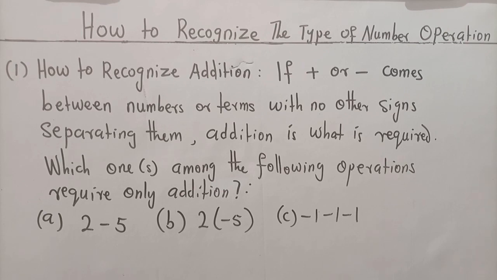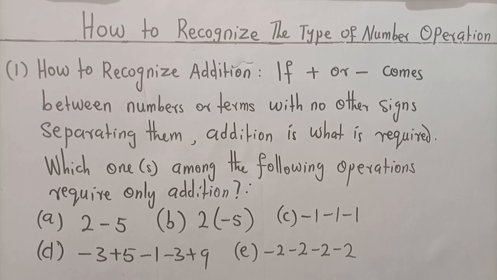Now let's see more examples of operations in which what is required is just addition. I believe you'll be able to understand why we conclude that what is required in each of them is addition. Please let us see them. These more examples are here. That's number D: minus 3 plus 5, minus 1, minus 3 plus 9. What we are required to carry out here is pure addition.